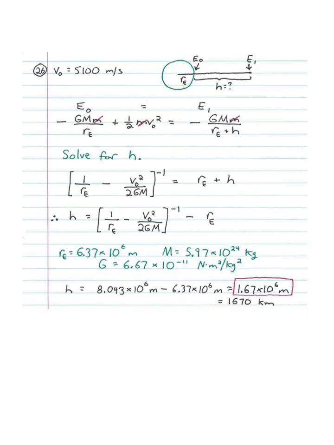Number 26. A rocket is launched vertically upward from Earth's surface at 5.1 kilometers per second. What is its maximum altitude? This is the type of problem that we might have done in Chapter 2. Basic kinematics, something going straight up, how high will it go to when it reaches a velocity of 0?